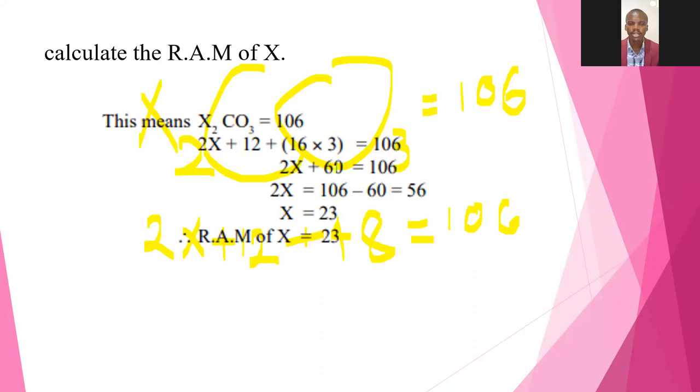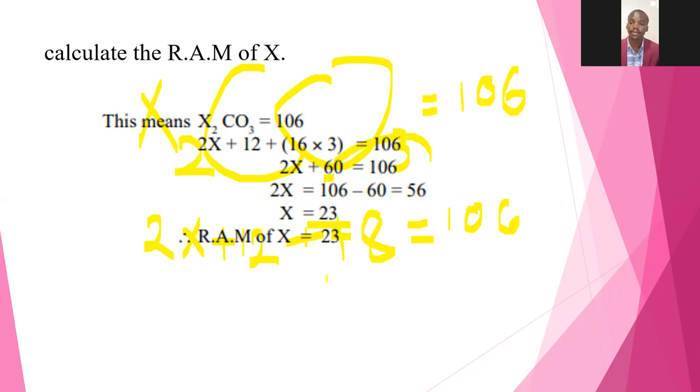So where you add that, it will give you 60. That is 12 plus 48 is 60, equals 106 minus. Then you take this 60 to the other side, that is 106 minus 60 is 56. Then you divide your 56 by 2, you'll be able to get 23. As simple as that, and that is the end of that question.